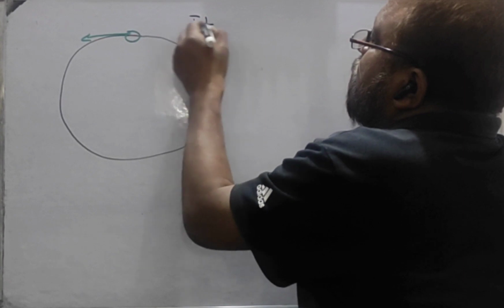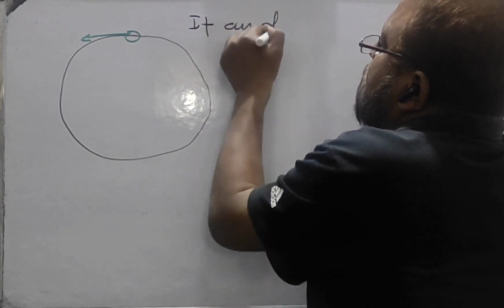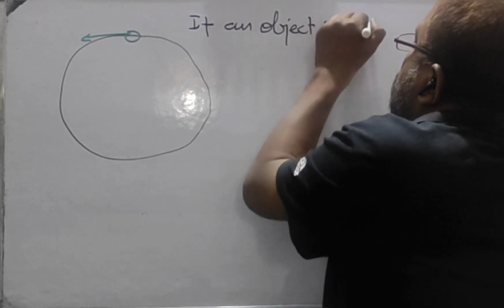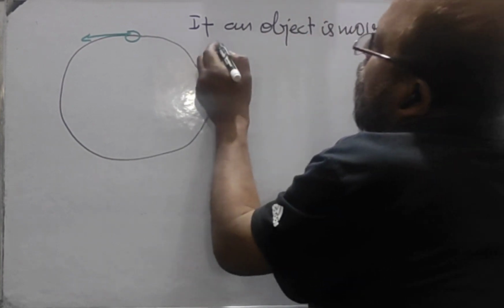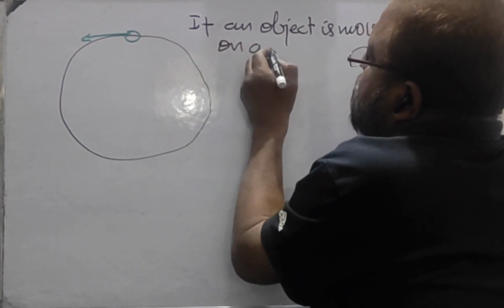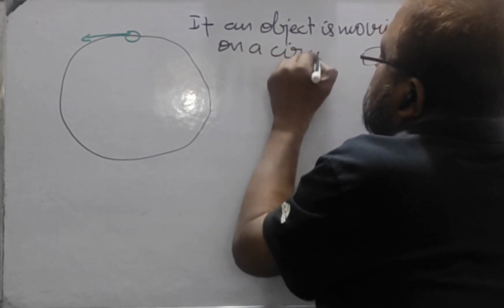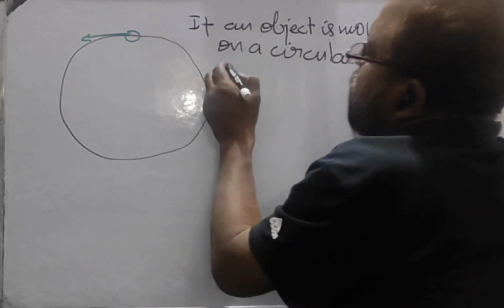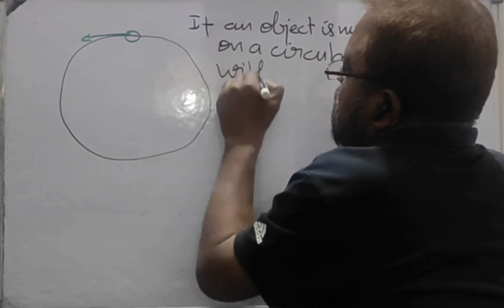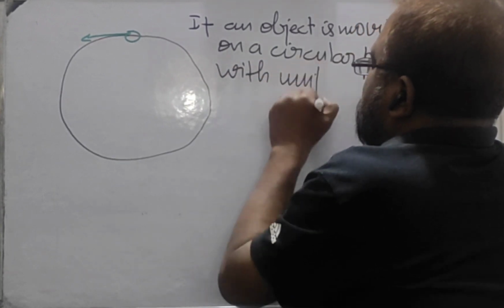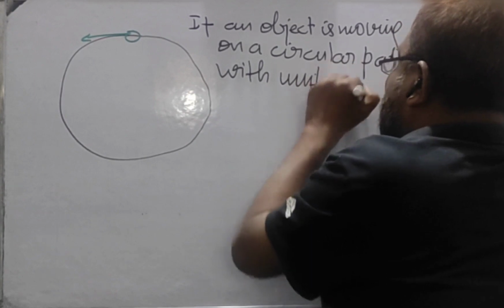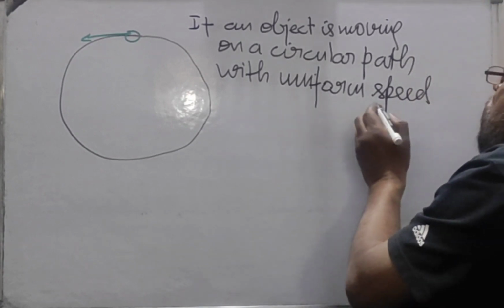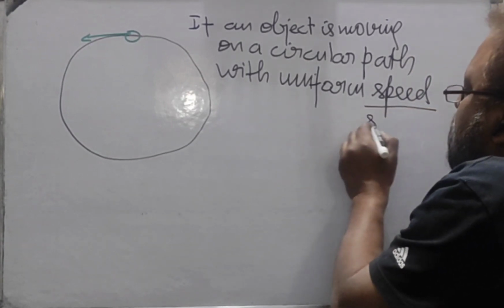If an object is moving on a circular path with uniform speed, right? Uniform speed is a scalar quantity.